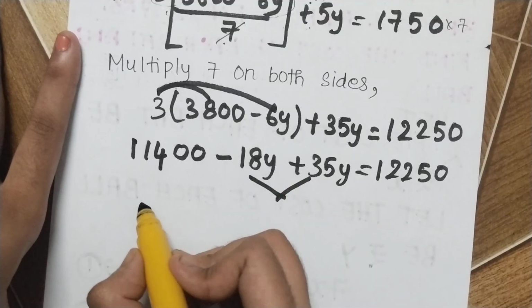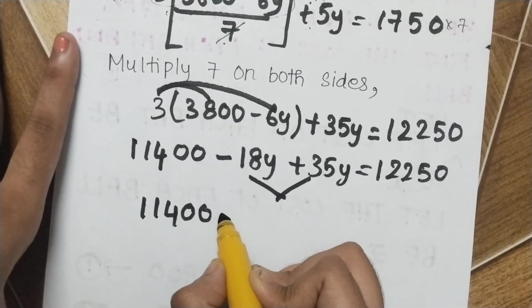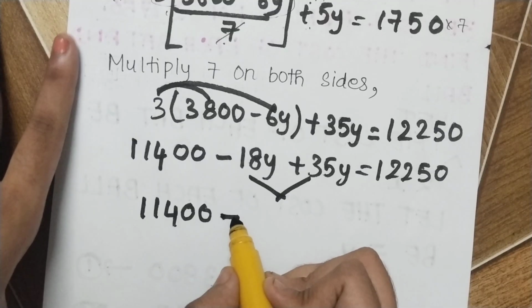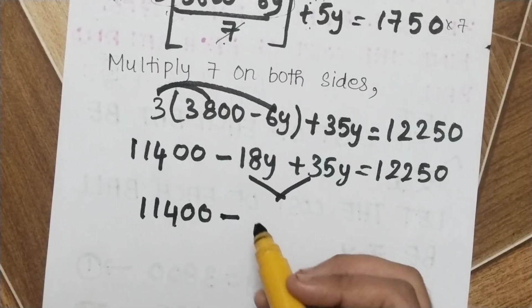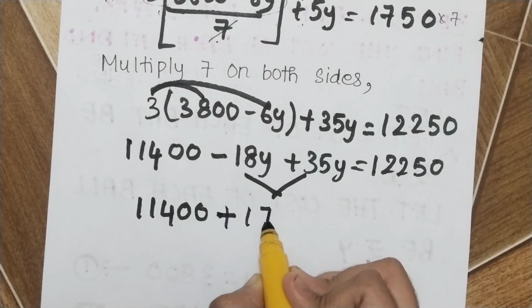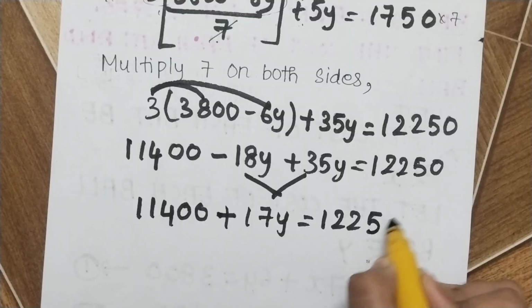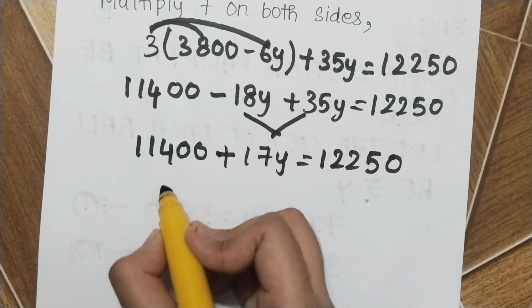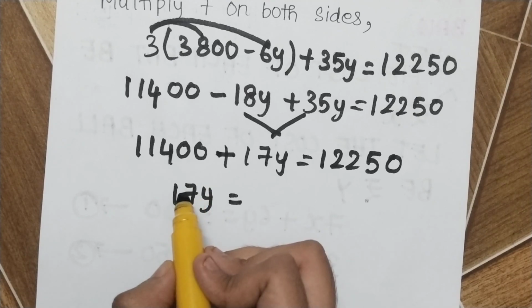So 35y minus 18y, 11400. If I simplify, I'll be getting here plus 17y is equal to 12250. Okay, 17y is equal to, here I'm going to find y value.